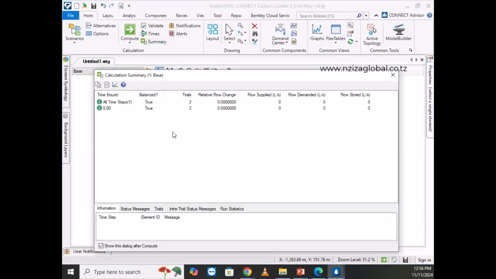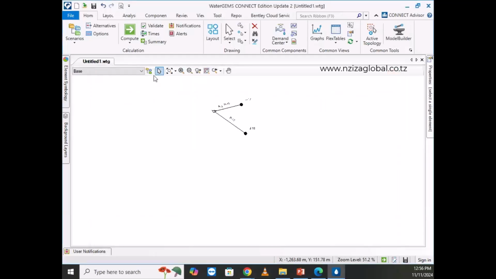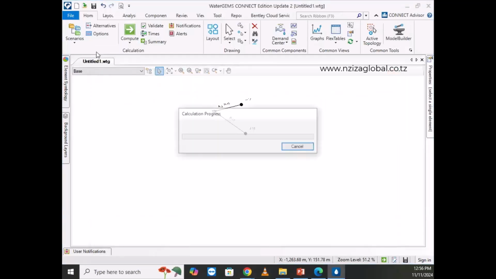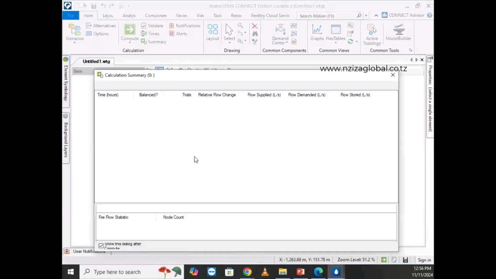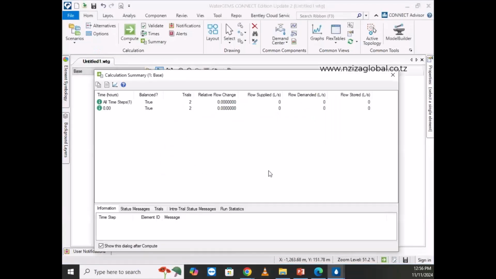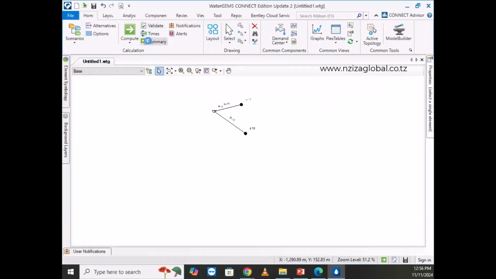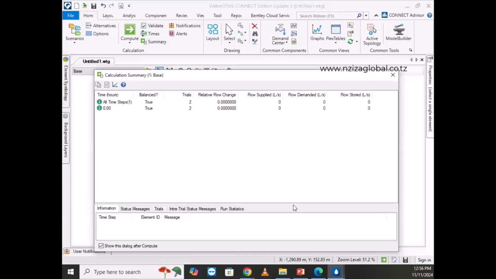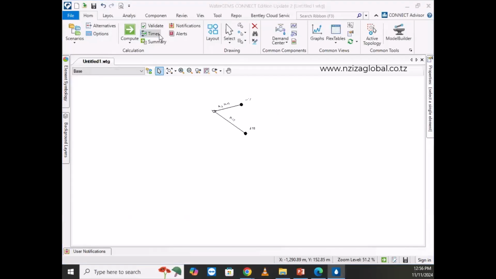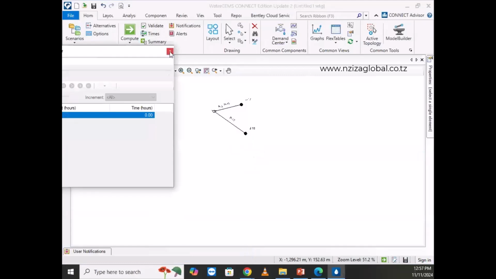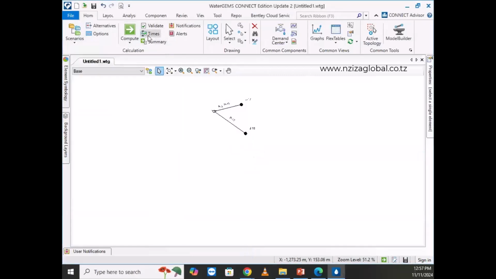When you compute, this also comes. It's the same. And the times, most of the time, is the time that it takes to compute the models, the simulation. When you click on it, it comes in. Those are like results that you want to see.